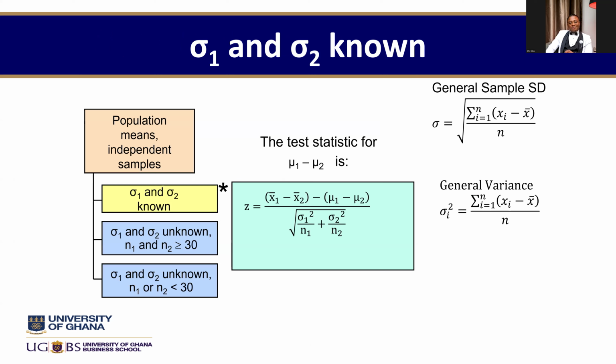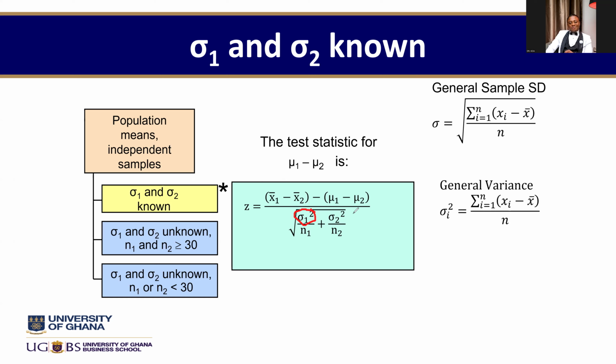So let's take them one by one. A situation where the population standard deviations in both groups are known. If that is the case, this is the formula for calculating the test statistic. Now, when you look at the test statistic very carefully, you will notice that inside the test statistic, there is the population variance.